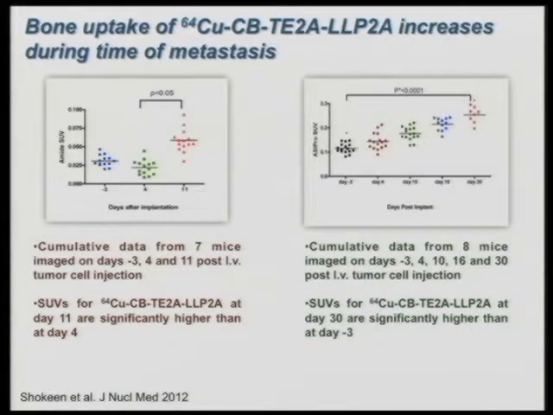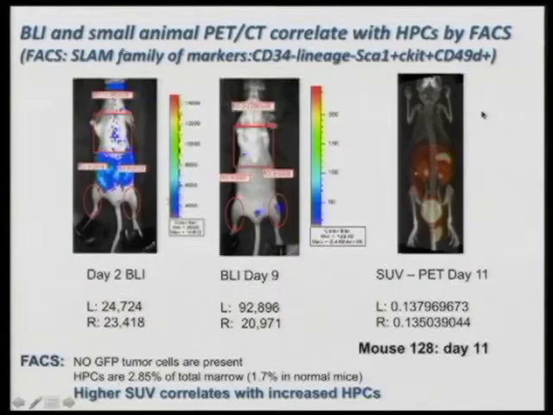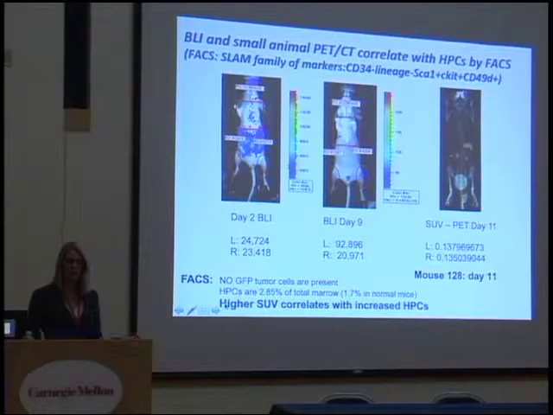So we did a series of mice, and we showed that the uptake increases over time in the bones. We correlated this again with flow cytometry and showed that in animals where we get a high signal in the leg bones, we get increased numbers of hematopoietic progenitor cells.